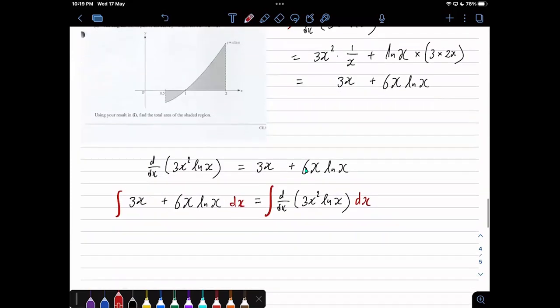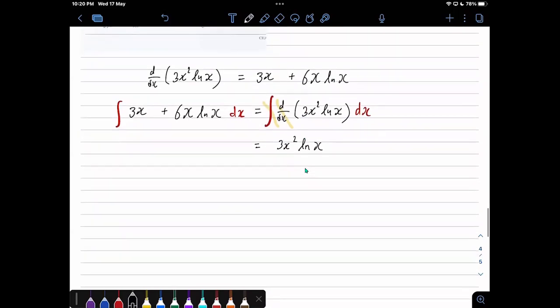So what happens when you integrate a derivative? Just remember they will cancel each other off. Then you're left with 3x squared ln x. But you probably need a plus c, but never mind. We will omit the plus c until the last step. You should have a plus c here because it's an indefinite integral, but it's okay, don't need.